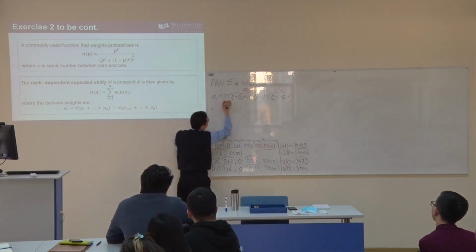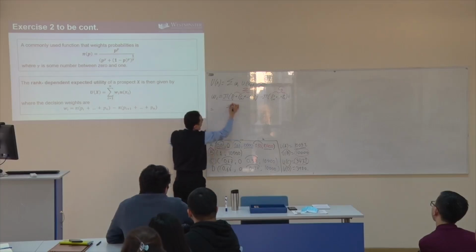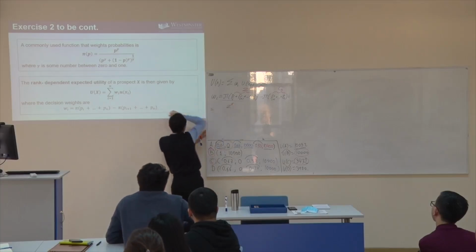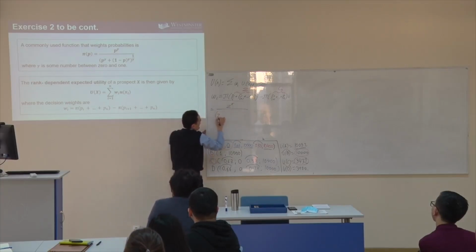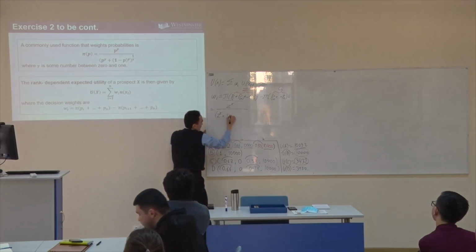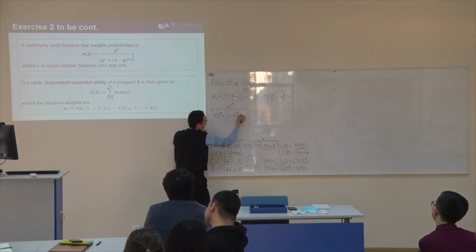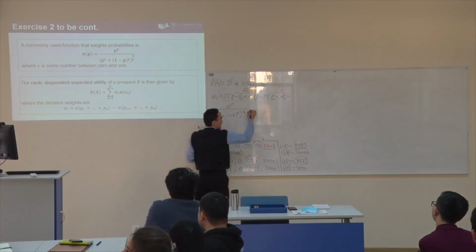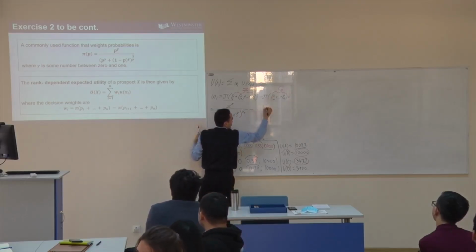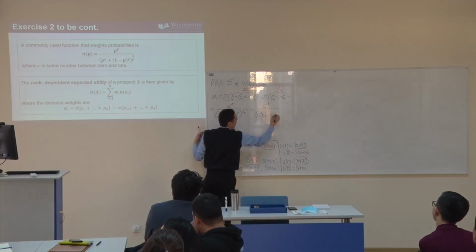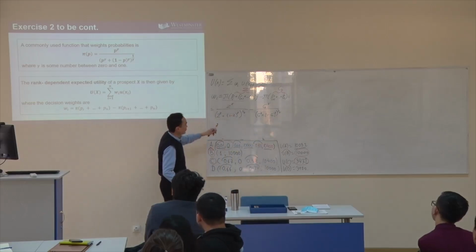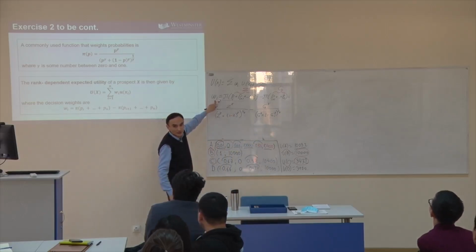The first one is equal to z to the power of gamma over z to the power of gamma plus 1 minus z to the power of gamma, all of this to the power of 1 over gamma, minus g to the power of gamma over g to the power of gamma plus 1 minus g to the power of gamma, 1 over gamma. It will give you the first weighted probability.